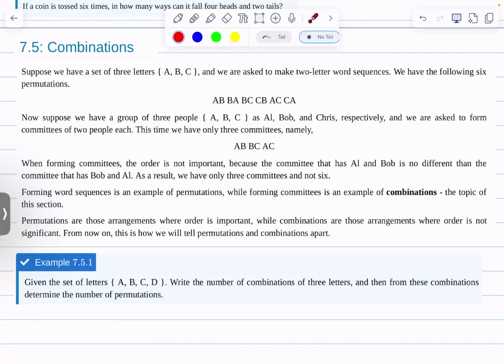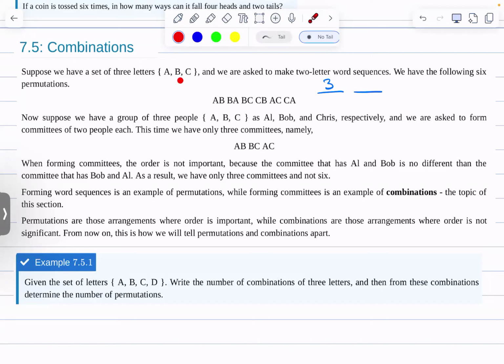how we can arrange a set of letters A, B, C. And we know how to make 2-letter word sequences. If we have A, B, C and we want to make a 2-letter word sequence, then I recommend using slots, and we list how many options we have for each slot. For the first slot, out of A, B, C, I have 3 letters to choose from.